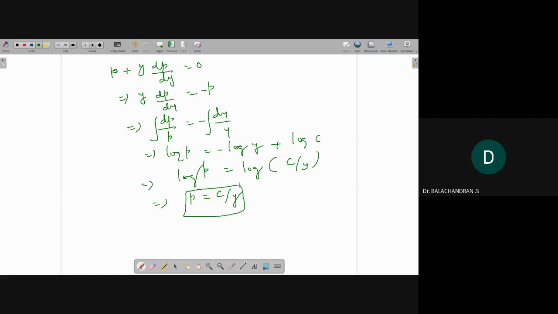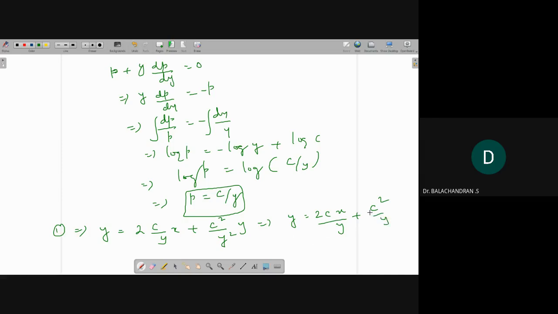Okay, now substitute the value of p equal to c by y in the given equation. So equation 1 implies y equal to 2p x plus p square y, that is, 2 c by y into x plus c square by y square into y. So throughout multiply, I think here you get y equal to 2cx by y plus c square by y.